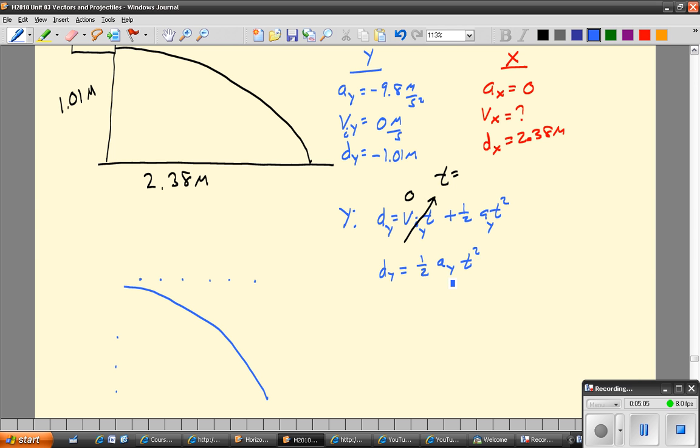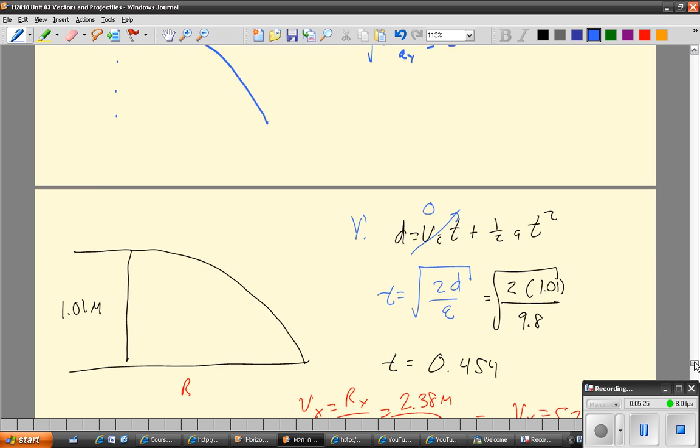If I solve for t, you're going to get 2 d_y over a_y equals t squared, or t equals the square root of 2 d_y over a_y. I never give you that equation, but it is a useful thing to know.